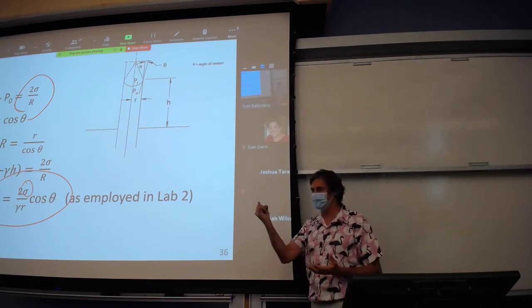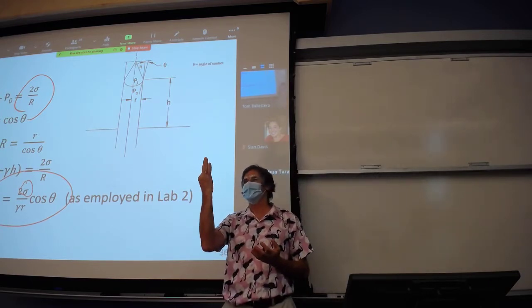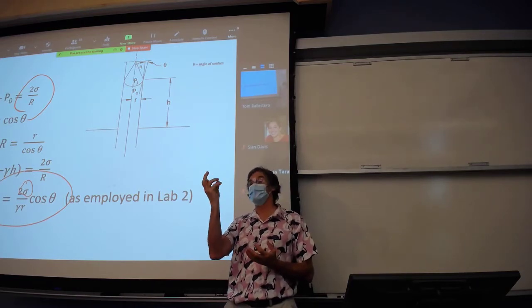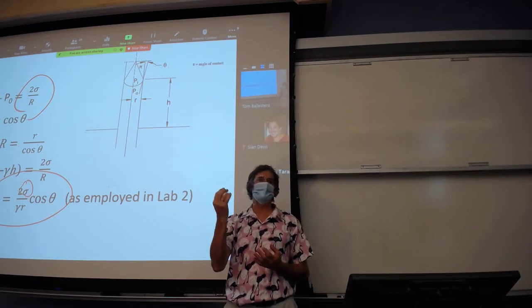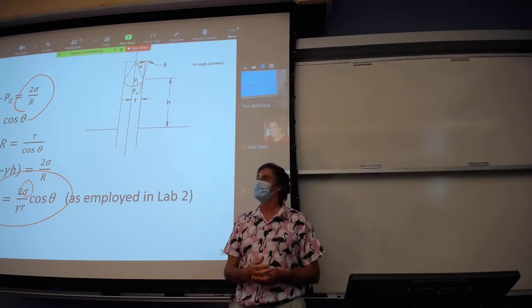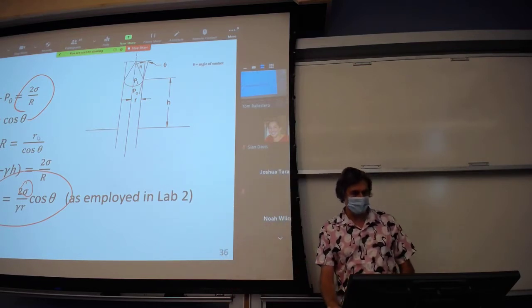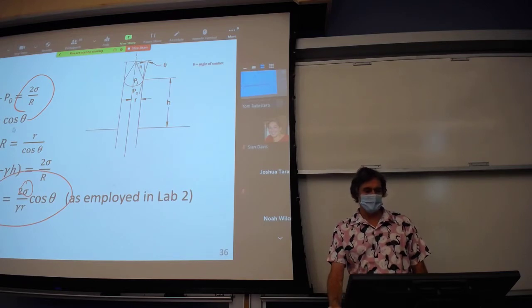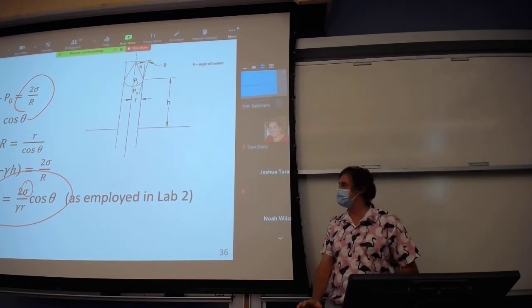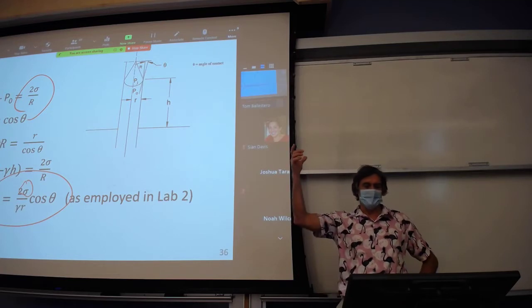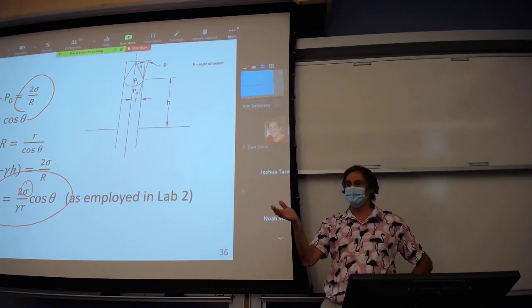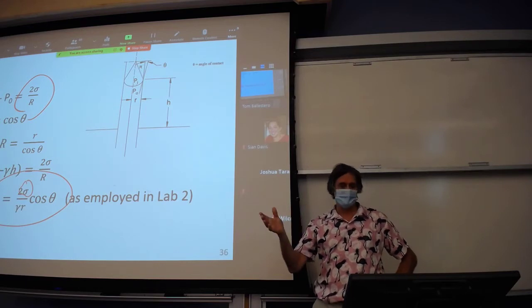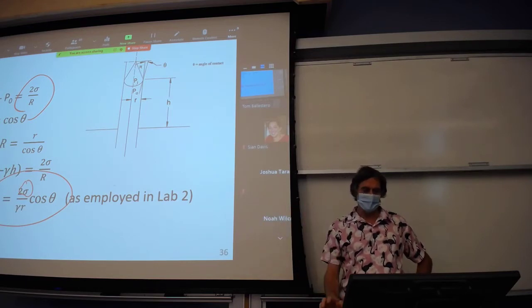And typically for glass, silicate, and water, glass is silicate. Air, water, and silicate materials, the wetting angle theta is 0. So when we put this r over r cosine theta, or the capital R, the radius of curvature, is equal to the radius of the capillary tube divided by cosine theta, and theta is 0, cosine theta is 1, so basically those two are the same.